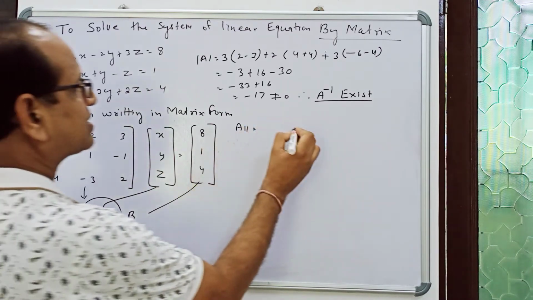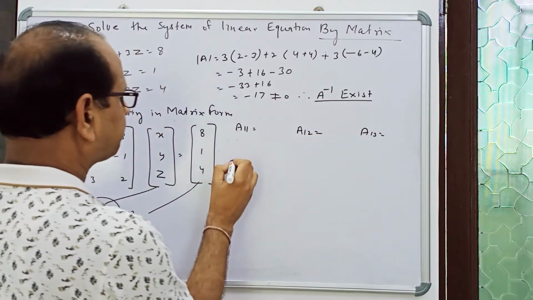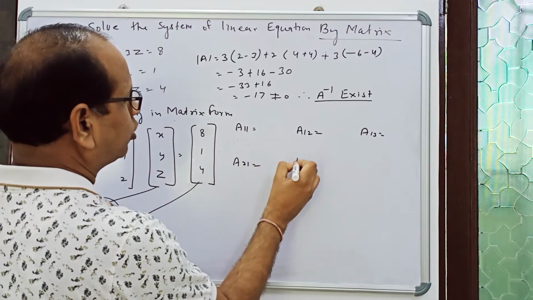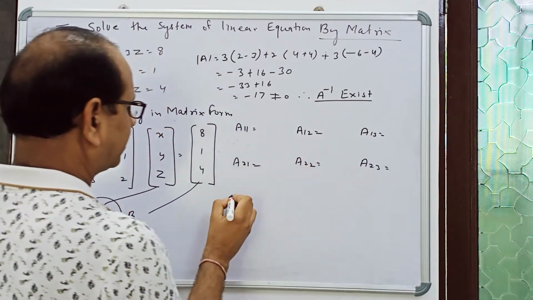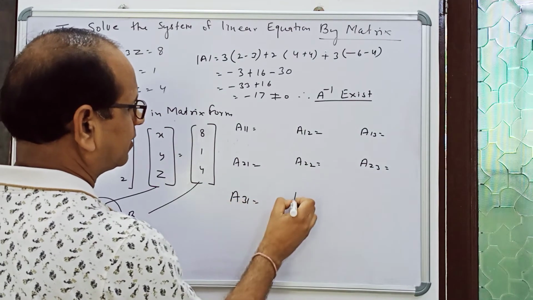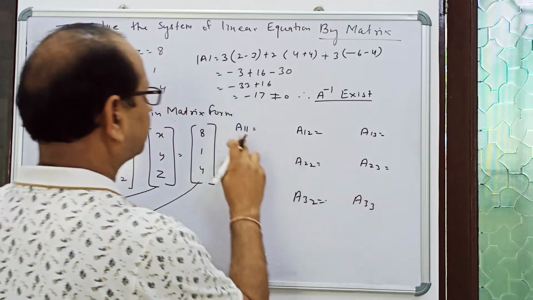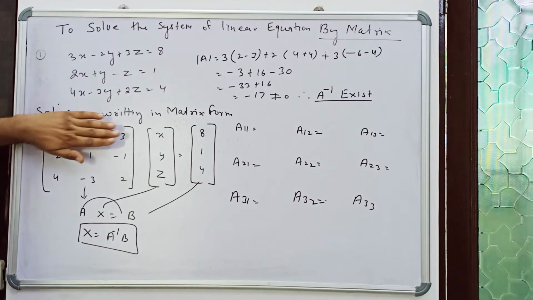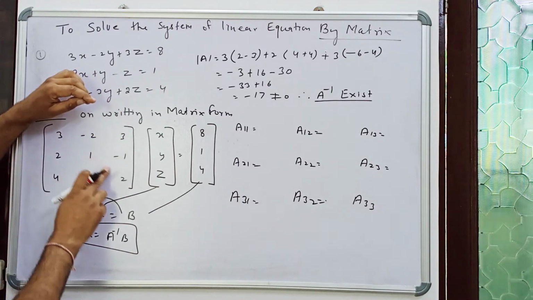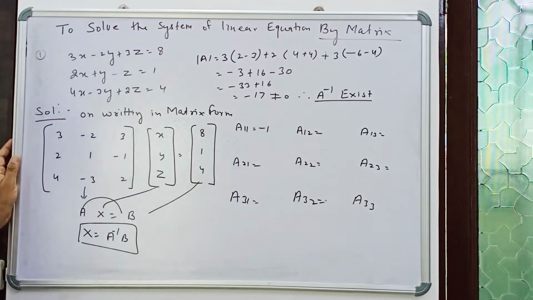So the first is A11, A12, A13, A21, A22, A23, A31, A32, A33. First A11. Now look here. A11 means the cofactor of this. So you hide this part and this part. So it is 2 minus 3. So it is minus 1.